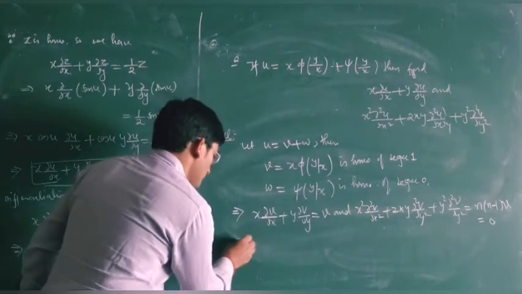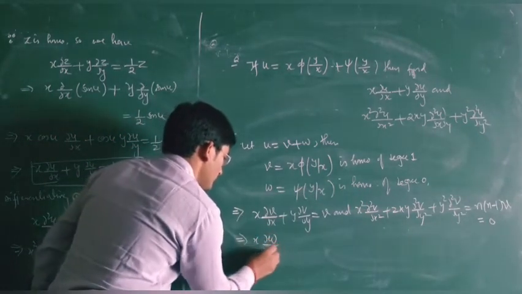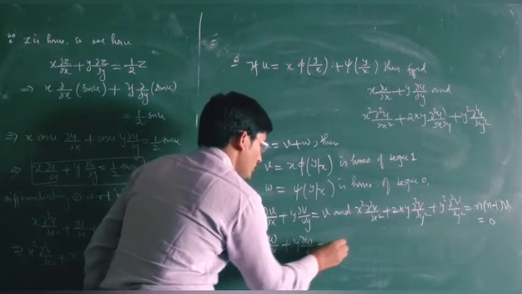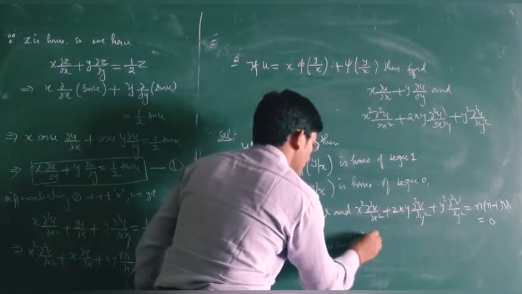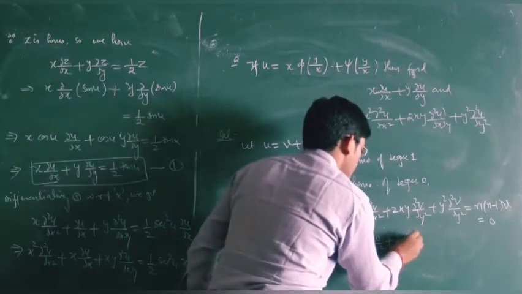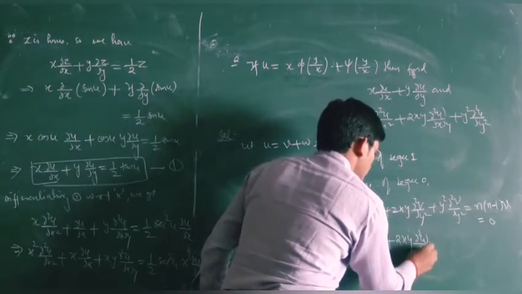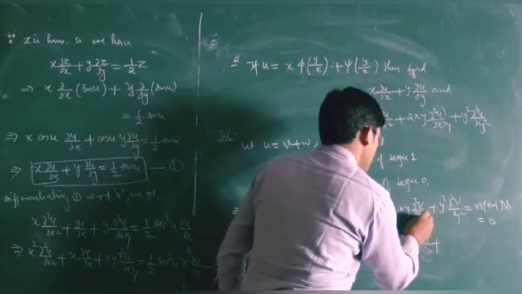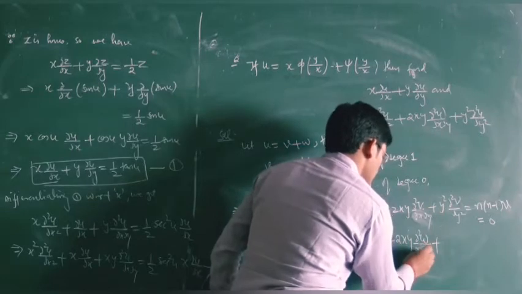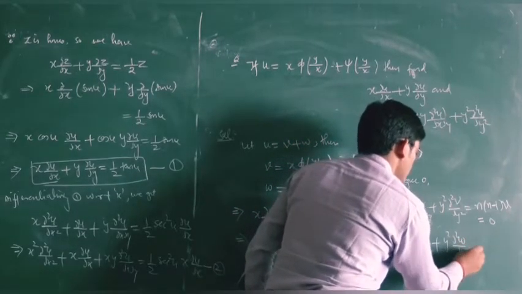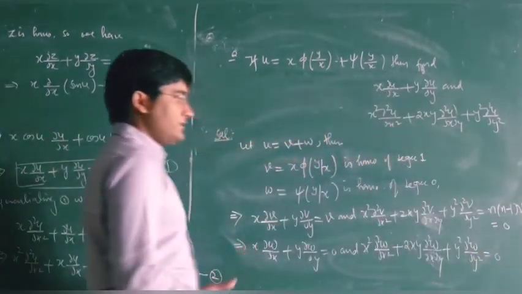So again for w we have x del w upon del x plus y del w upon del y equal to 0, and x square del 2 w upon del x2 plus 2xy del 2 w upon del x del y plus y square del 2 w upon del y2 equal to 0 because our n is 0.